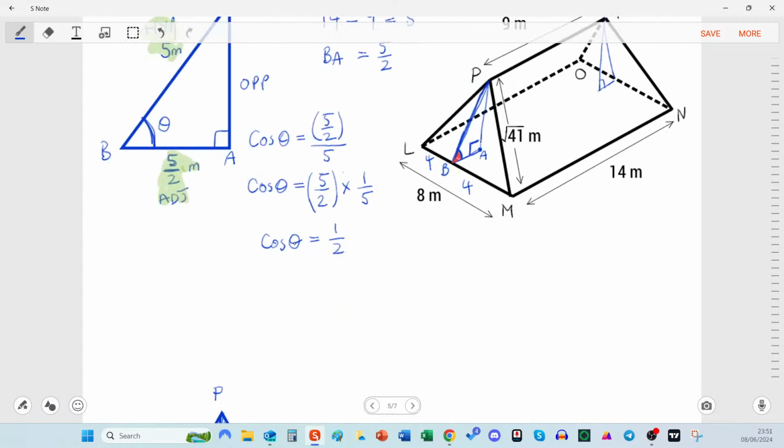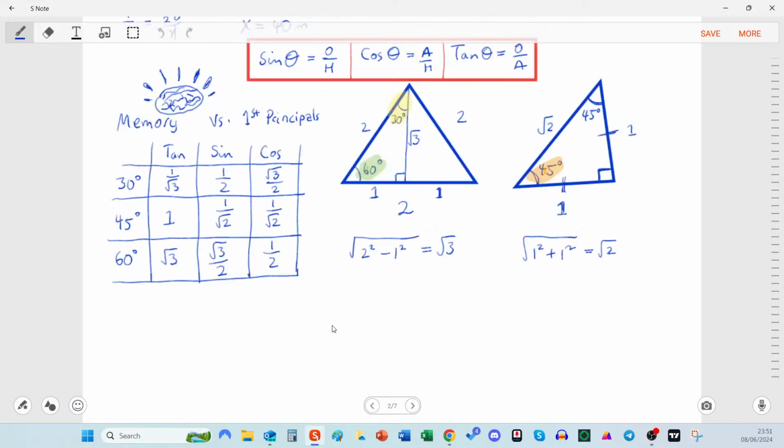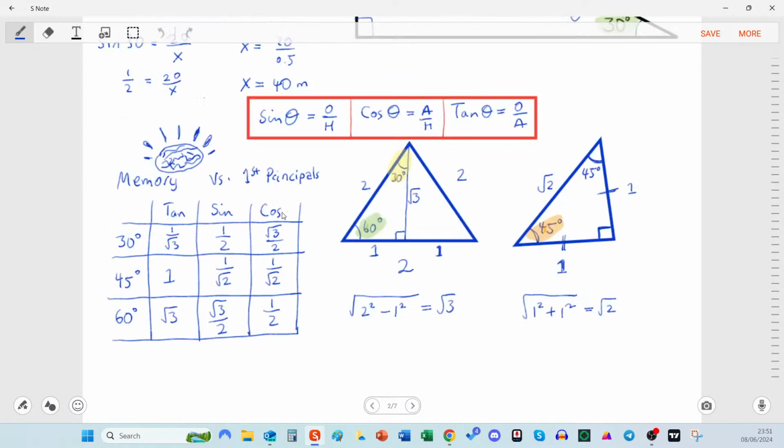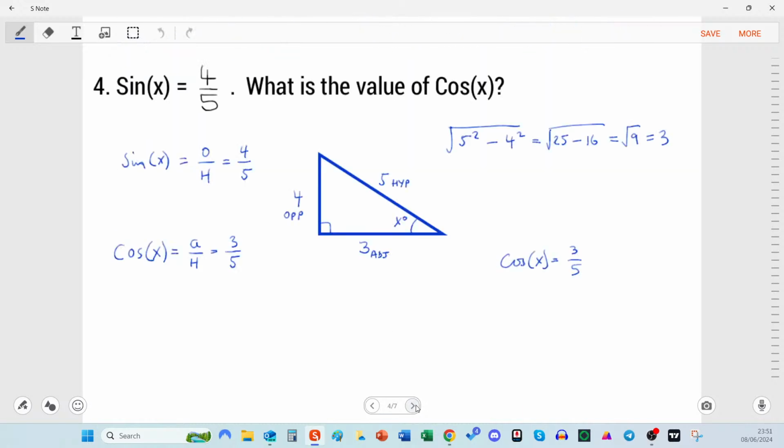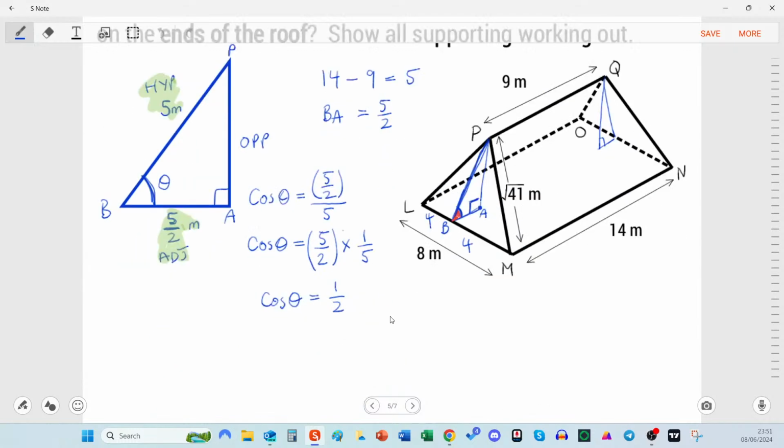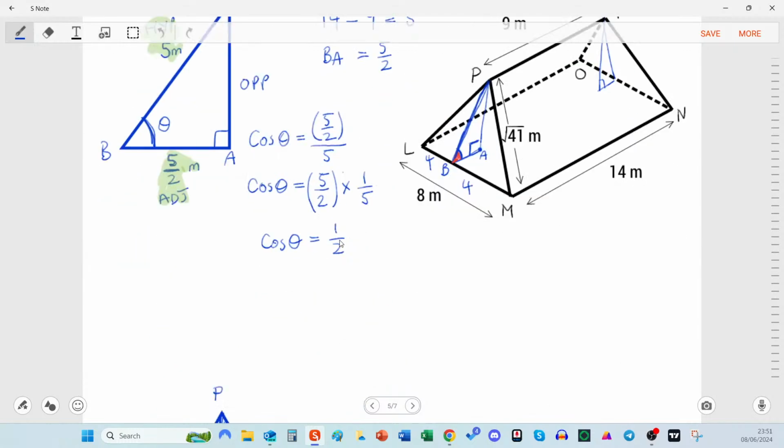So cosine theta equals a half. There's a couple of ways of looking at this. The first one is, let's go back to our table. If cosine of something equals a half, when is it a half? Boing, 60. Or we can look at the numbers in here, 1 and 2, and think about what triangle had that in.